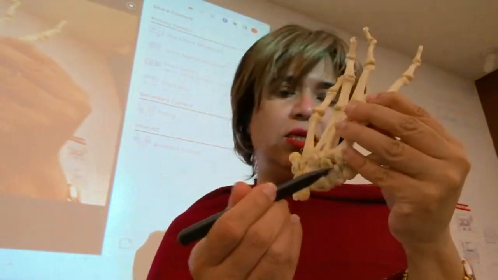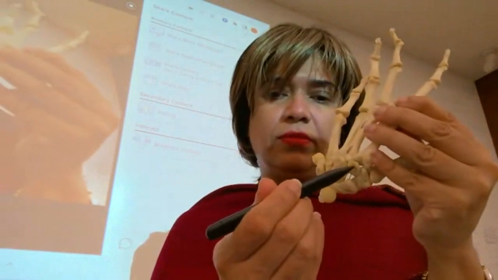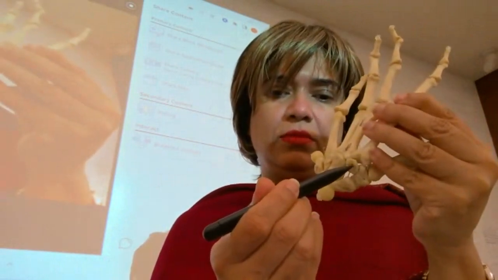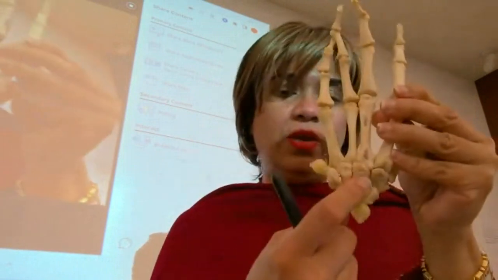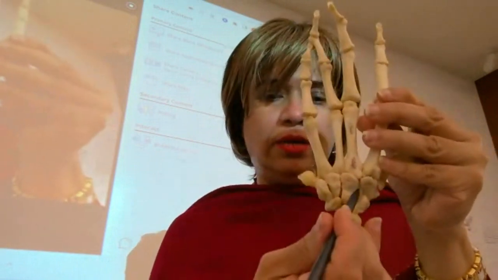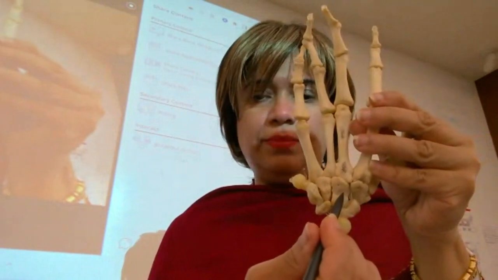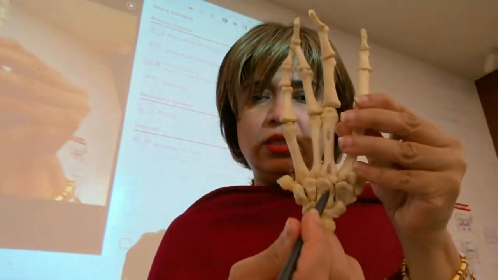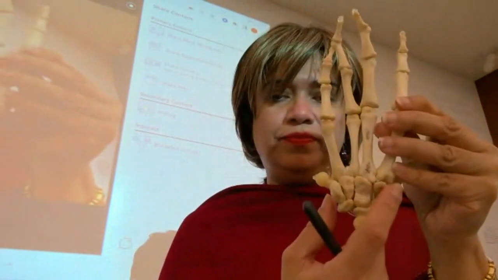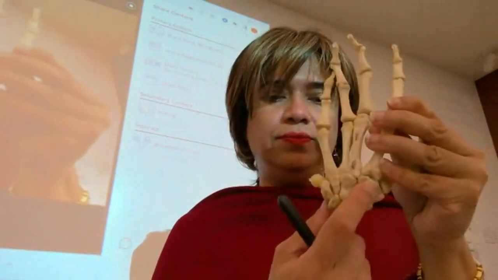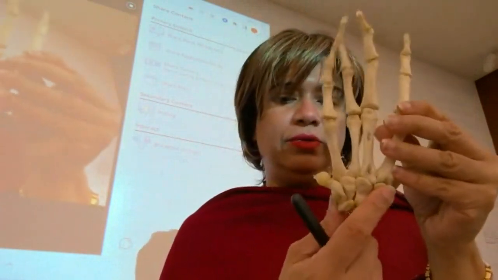And next to it is right here. This is trapezium. Then this big one right here, this is your capitate. And then next to capitate, this bone right here, that is your hamate.